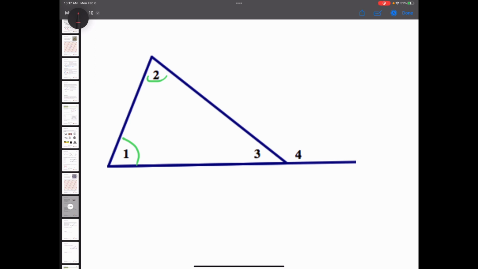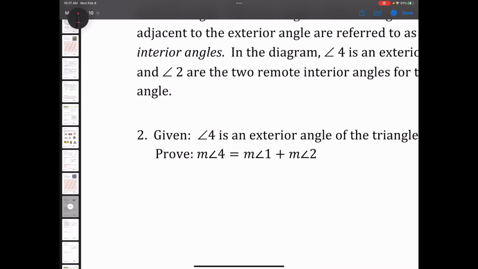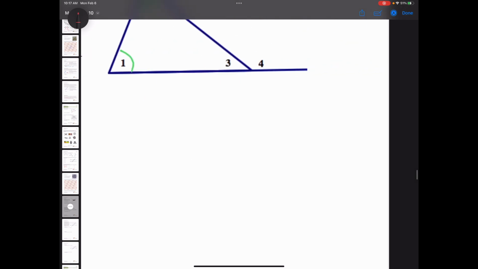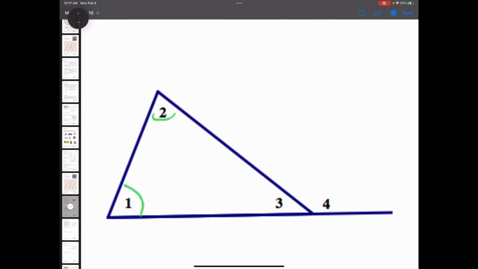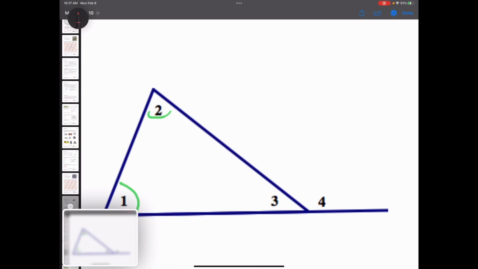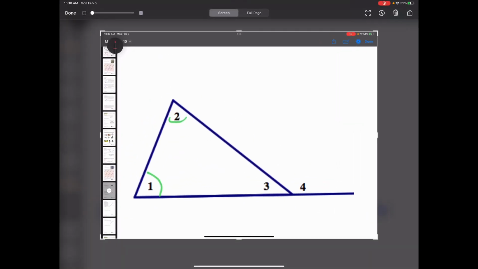Is that what you're talking about? Yeah, that is exactly right. Very good. And then we will have that the measure of angle 4 is equal to the measure of angle 1 plus the measure of angle 2. So, let's do it, y'all.